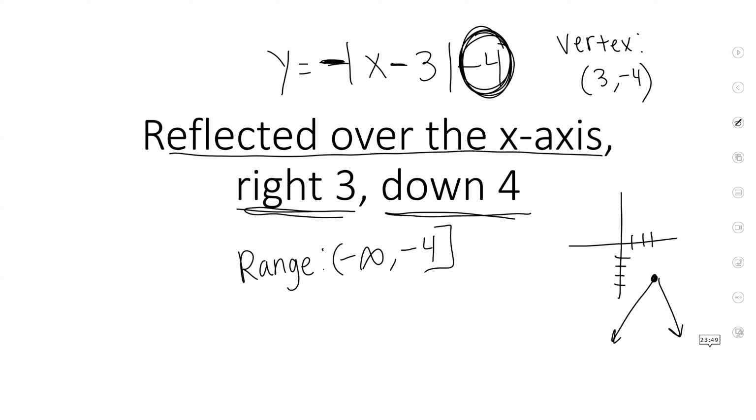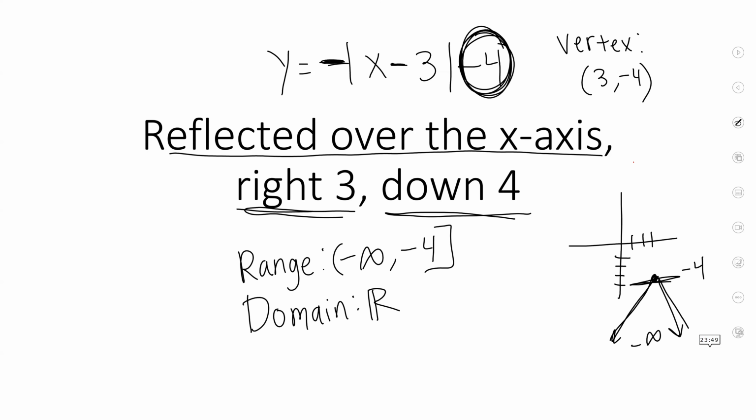The bottom is pointing to -infinity and the very top is at -4. So that's my range, okay? My domain for all of these questions will be all real numbers every time because it goes forever left, forever right, okay?